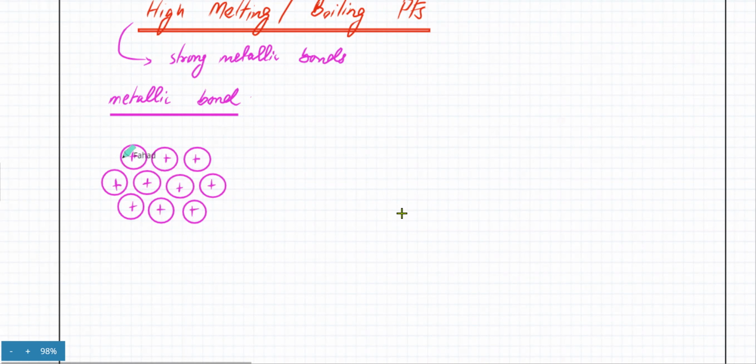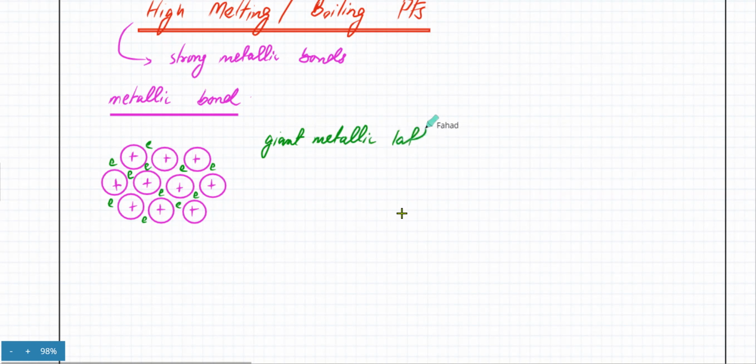And the electrons that are lost are just roaming around in the middle. So you have these delocalized or free moving electrons that are roaming around in the structure. They form a giant metallic lattice.